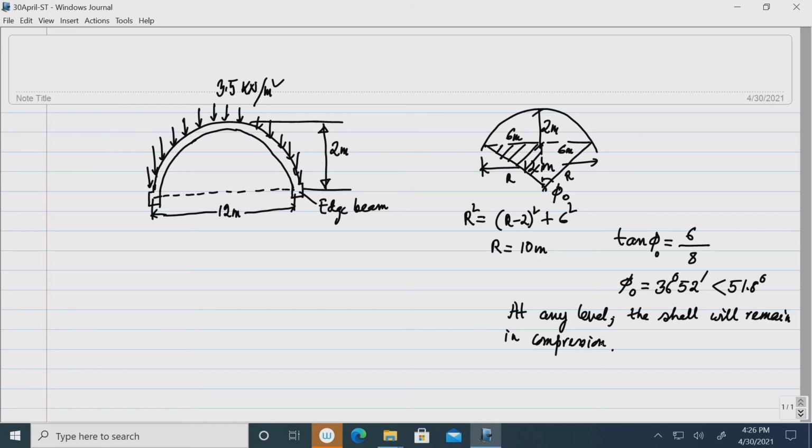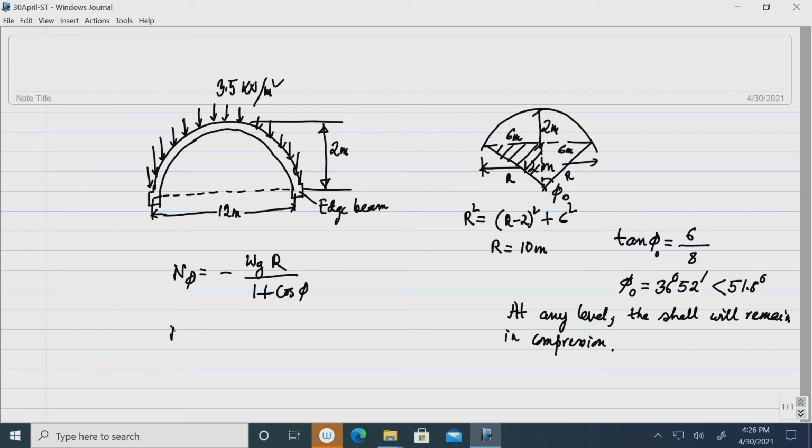So, now we can readily find it. The expression for n phi is minus W g r by 1 plus cos phi. So, n phi increases with phi. So, the maximum value of phi is 36 degree 52 minutes.